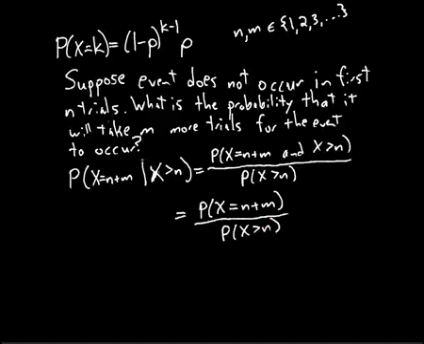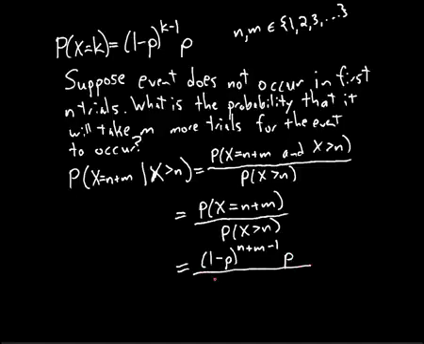Now, since we have a formula for this random variable's distribution, we can write out a summation for the probability on the bottom, and the one on top is just to plug into that formula. So the probability that X is n plus m is, we just plug n plus m in there, and we get (1 minus p) to the n plus m minus 1 times p.